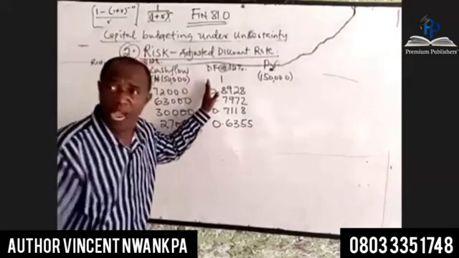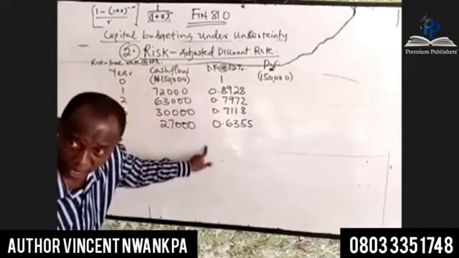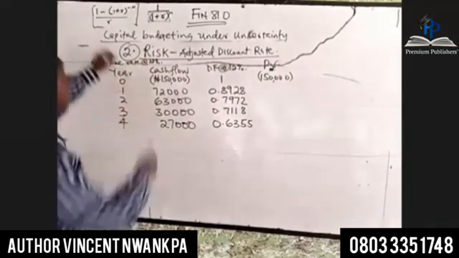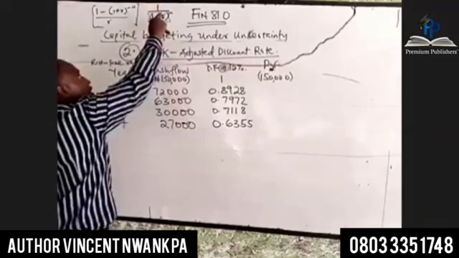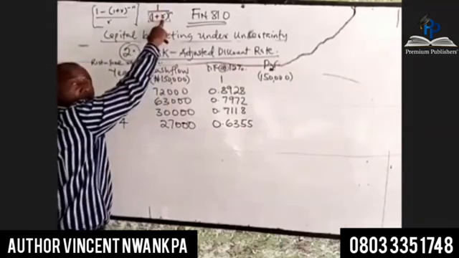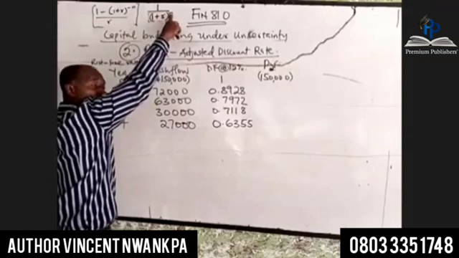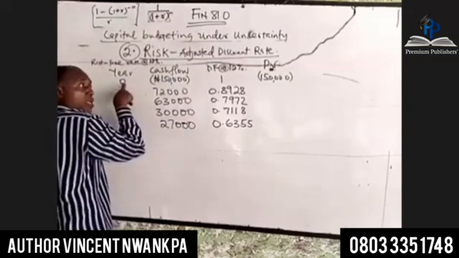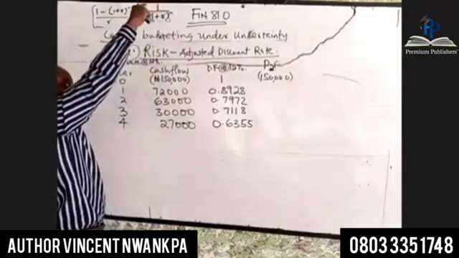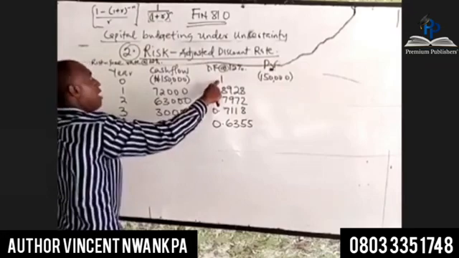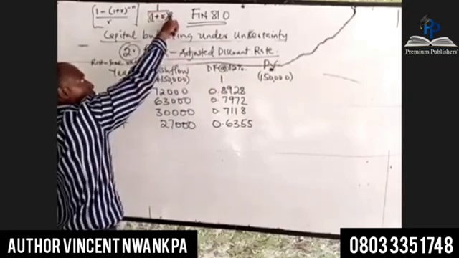I hope you have seen how we did this one. See the formula: 1 over 1.12 raised to power 0, or year 0, and we get 1. The numerator is constant. To get the next year, divide by 1.12, because it is raised to power 1.